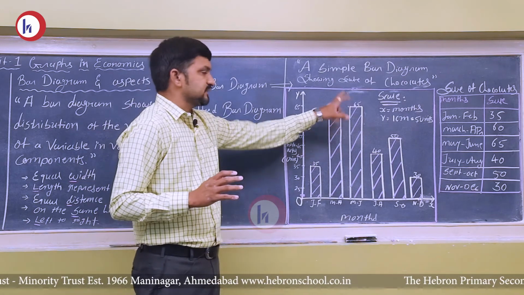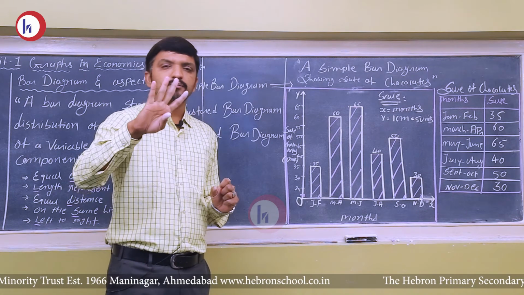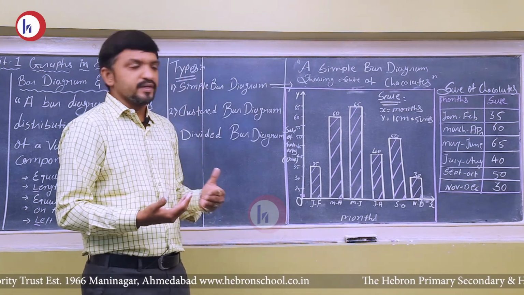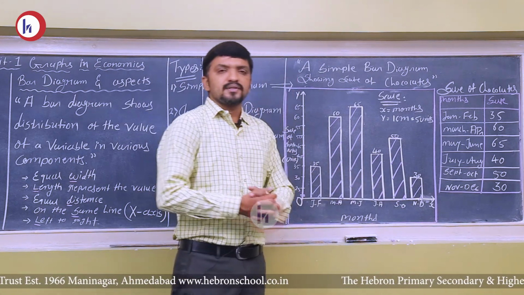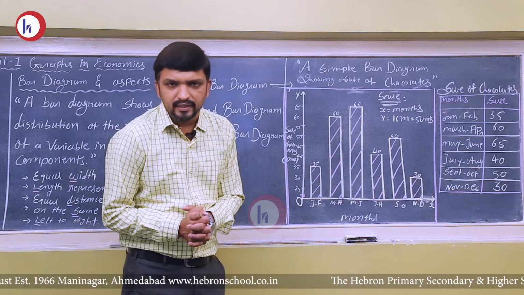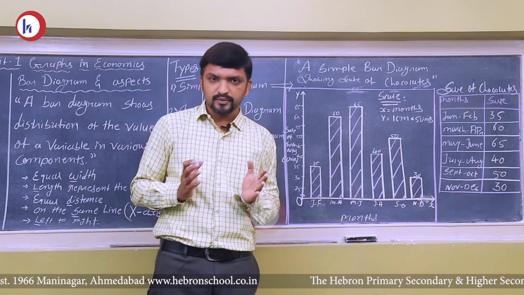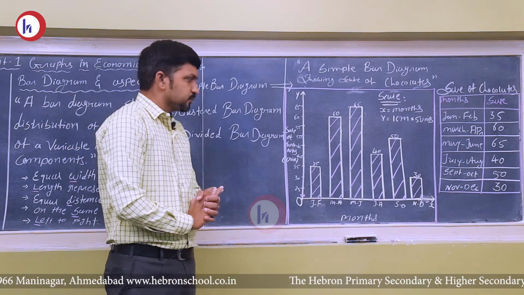That is 65 units. 3 points over. Point number 4. For the minimum sale, so we can write during the months of November and December, the sale of the chocolates was 30 units. That is a minimum, 30 units. Maximum was in case of May and June.